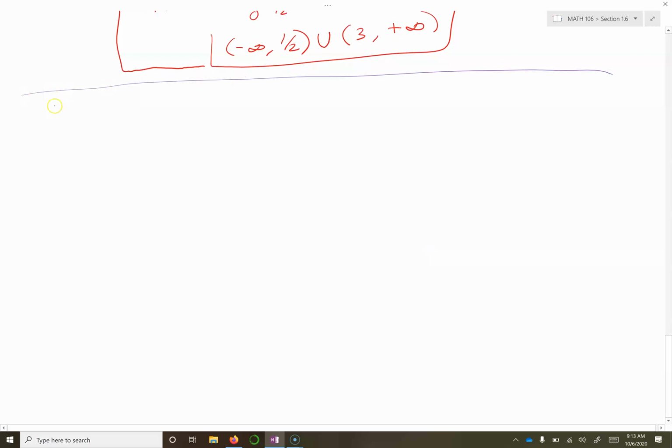So this would be inequalities of higher order. And really, all we mean are quadratics. We're not going to get into crazy degree 4 or 5 polynomials, nothing like that. But you could see something like this.